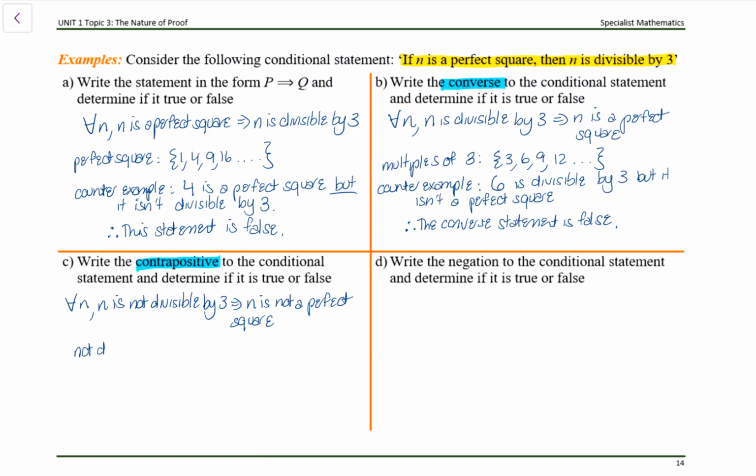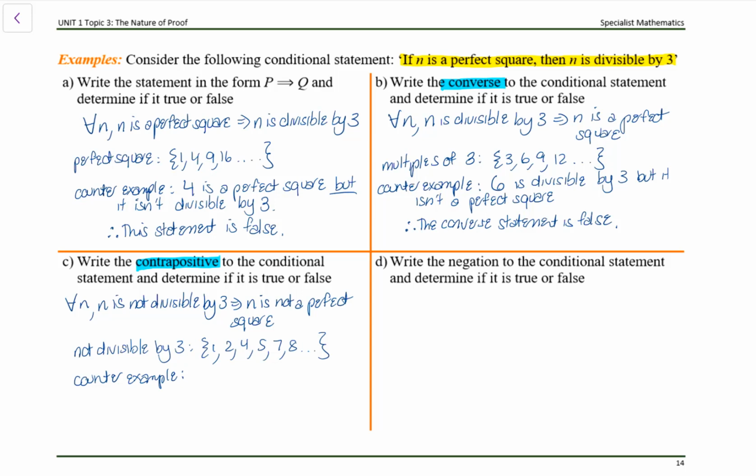So not divisible by 3. We could have 1, 2, 4, 5, 7, 8, etc. So they're numbers that aren't divisible by 3. It's a for all, so we only need one counterexample.